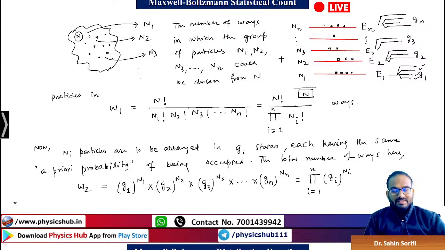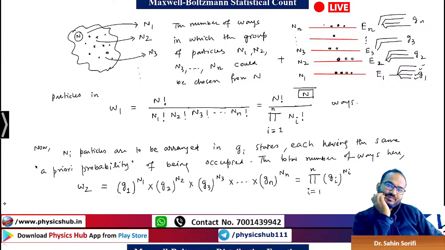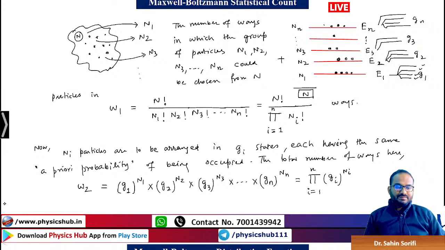So we can say that the number of ways in which n number of particles can be distributed in all the states will be the product of these two ways.